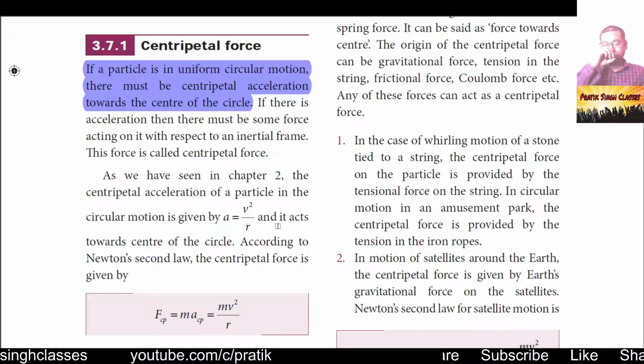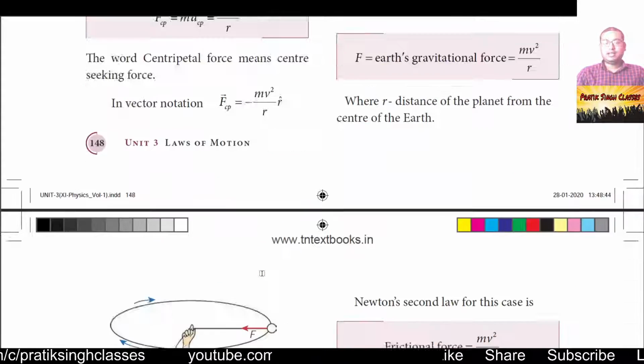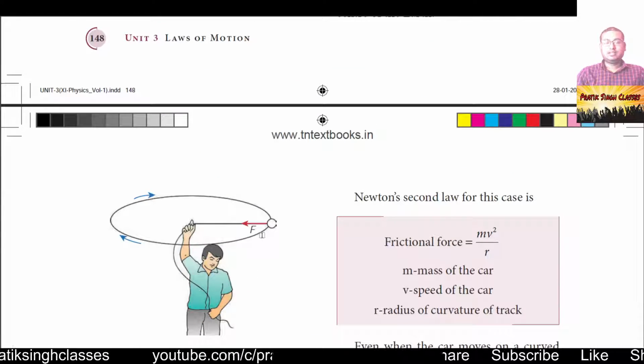Always keep in mind that if a particle is moving in any circular path, the force acting on the particle is called centripetal force, and its direction is towards the center of the circle. As you can see here, the particle is moving in circular motion, but the force acting on it is in the direction of the center. In this case, it is the tension applied by the boy on this stone, which is connected to the thread.